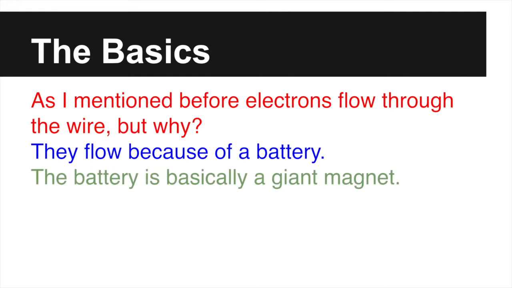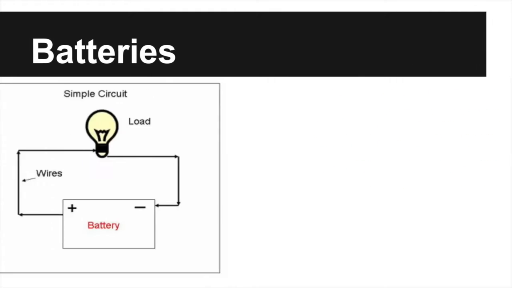Okay, so the electrons that I just talked about flow through the wire, but why do they do that? They do this because of a battery, which you can probably guess why they do that. Well, probably not, actually. So the battery is basically a giant magnet, and let's talk about why it's a giant magnet.